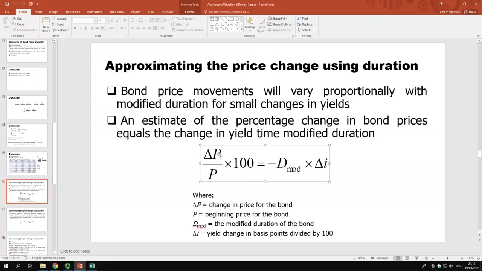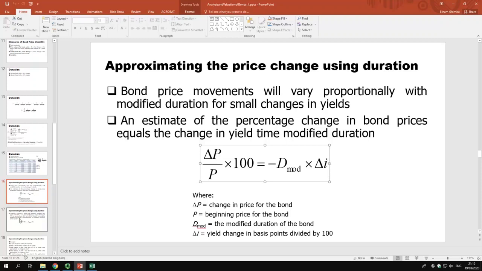Delta P is the price of the bond at time t plus 1 minus the price of the bond at time t, divided by the price of the bond at time t, multiplied by 100 to get it in percentage. This equals negative modified duration times delta i, which is the yield change, and generally this is kept in terms of basis points.